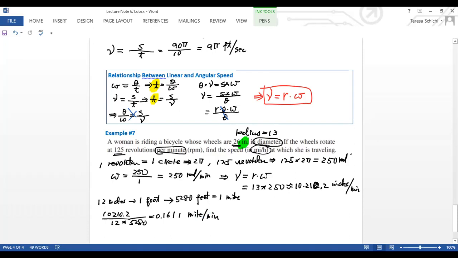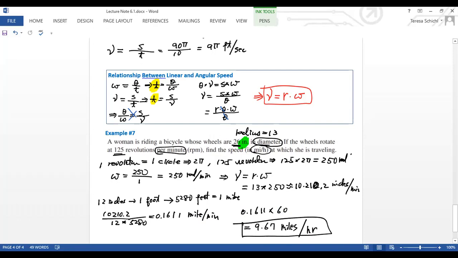But now your problem asks for how many miles per hour. So that's why I need to take 0.1611 times what? Times 60, right? If you multiply by 60, you will get 9.67. So this is 9.67 miles because the time unit here is per hour. Okay, so that will be our final answer.